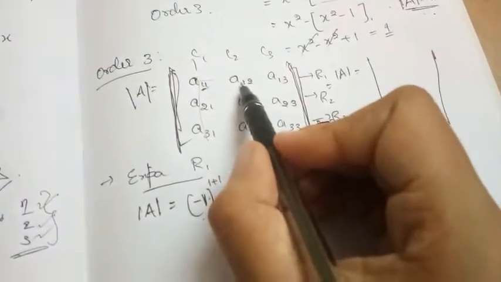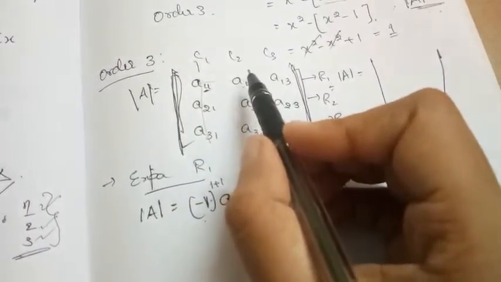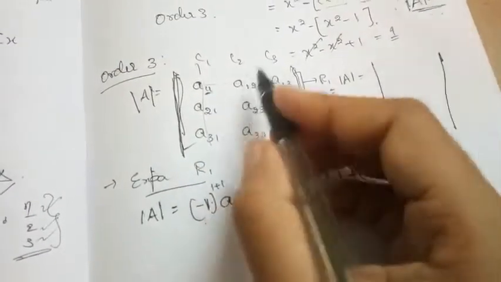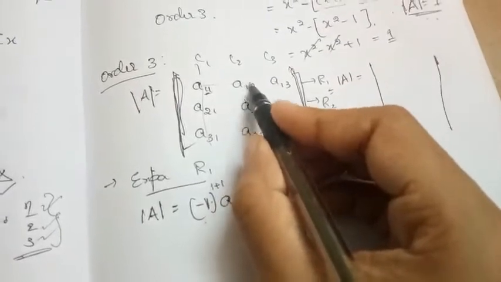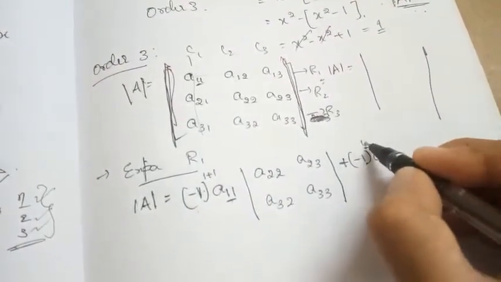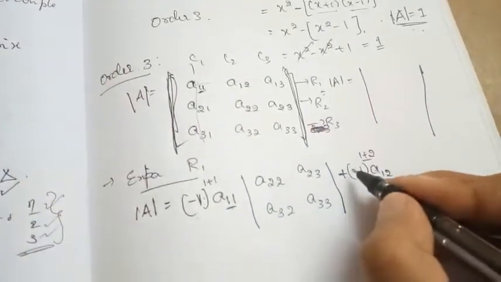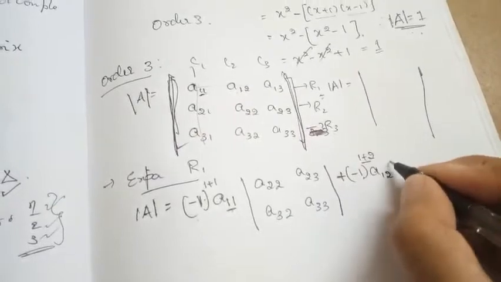We are considering the second element of row 1, column 2, so the position is 1 plus 2. It is in the first row, second column. That's what I am writing, minus 1 to the power 1 plus 2.